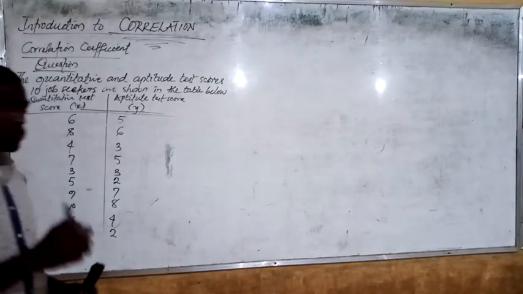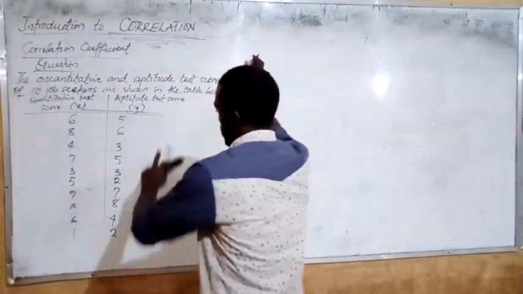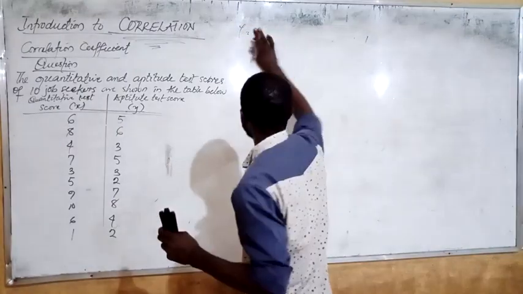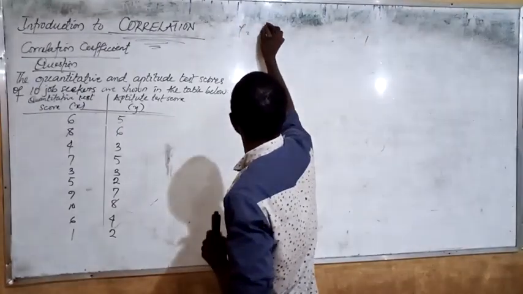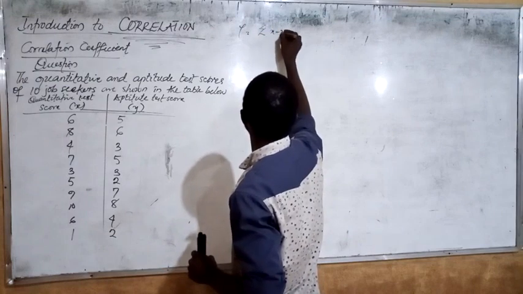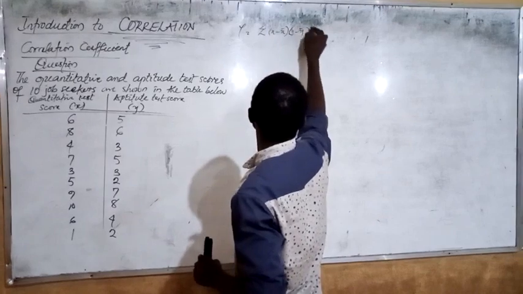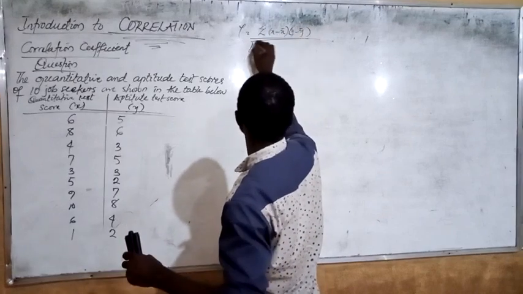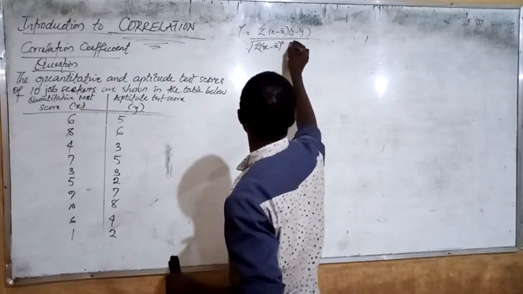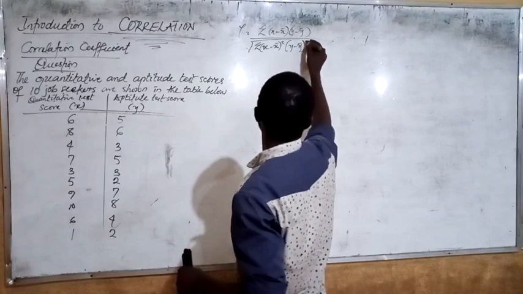Alright, so the first thing to do is write your formula again and see what you need in your table. Our formula for correlation coefficient, there are two formulas that we gave. We said you either use summation of x minus x bar times y minus y bar, all over the square root of summation x minus x bar all squared, open bracket, y minus y bar all squared.